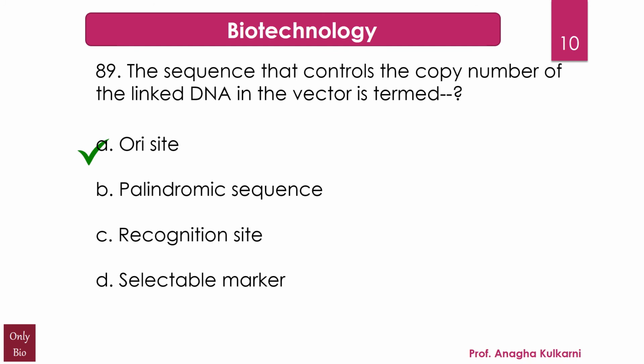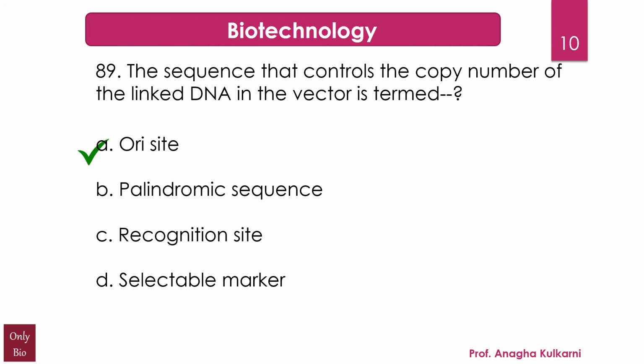Now, palindromic sequence you might be aware of. This is a nucleotide sequence in a double-stranded DNA or RNA molecule wherein the sequence reading in a certain direction, that is 5' to 3' on one strand, matches the sequence reading in the same direction on the complementary strand.